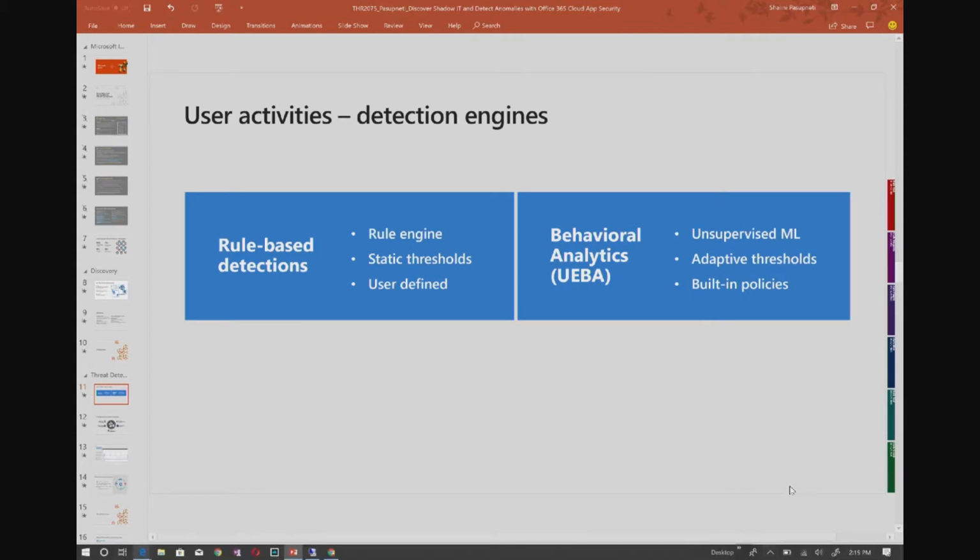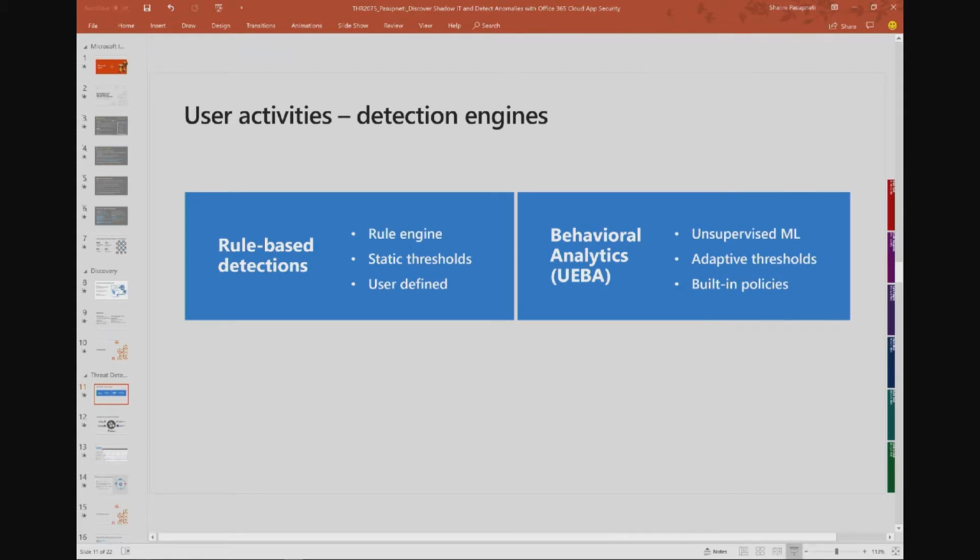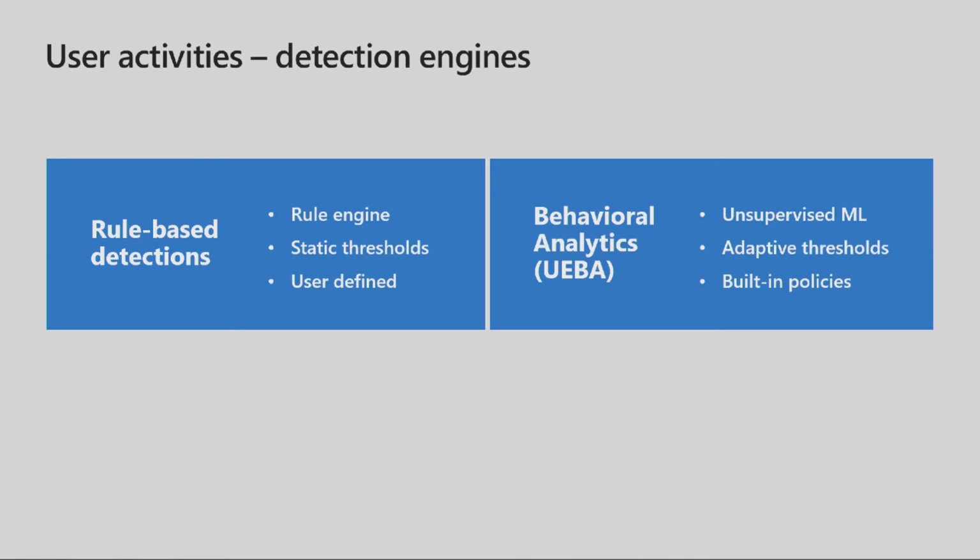That example you just saw was an example of a rule-based detection, where I specified a set of conditions that are important to me, and based on that, an alert was generated. Cloud App Security can also alert you for UEBA, or User and Entity Behavior Analytics, where we analyze users' past behavior and alert you if something is abnormal for the user.